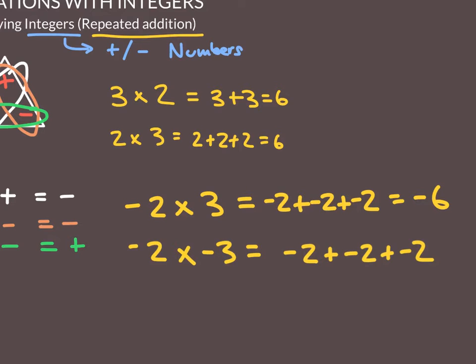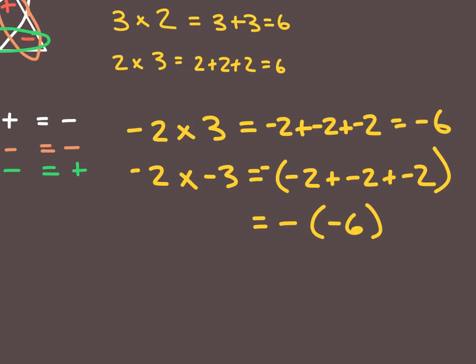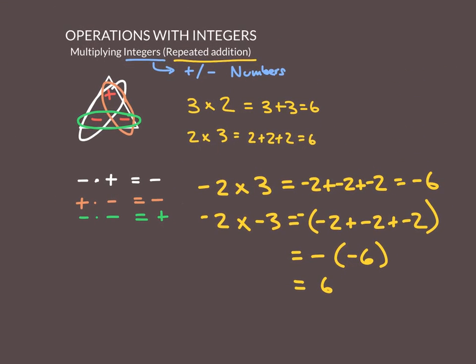Because this is negative 3, I have to think about the opposite of that, all right? So when I think of the opposite of negative 6, because really all a negative symbol means is the opposite, the opposite of negative 6 is simply positive 6. Now, I never really sit here and expand these things out. While you can do that, and that's how I do explain what multiplication really is, I use the triangle.